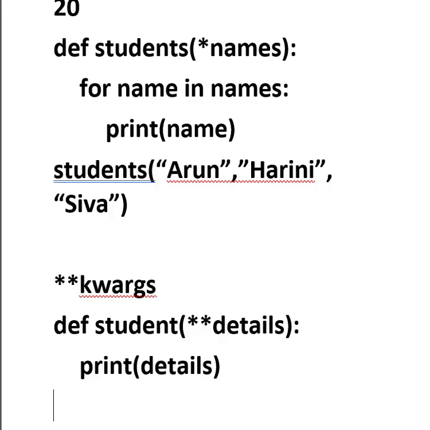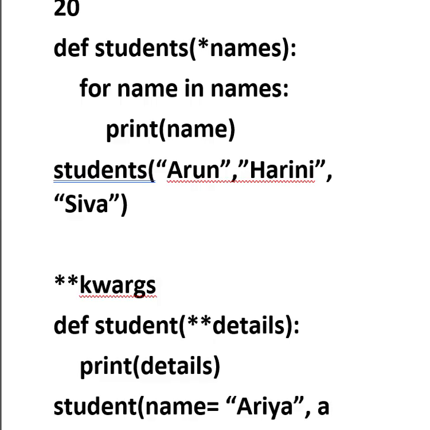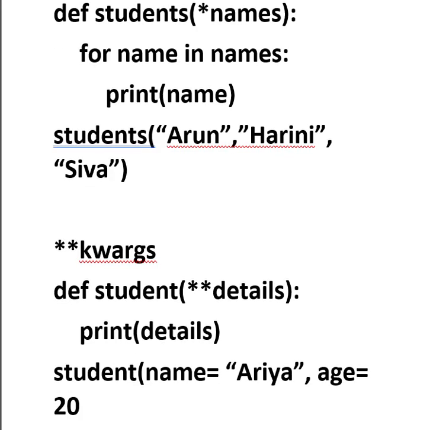Next, we need to call the function student with name is equal to Arun, comma, age is equal to 20, and city is equal to Chennai.